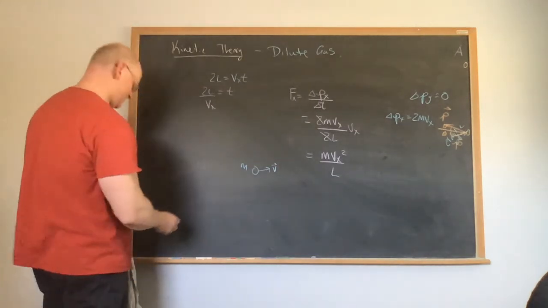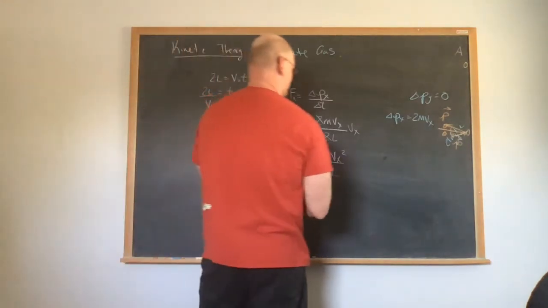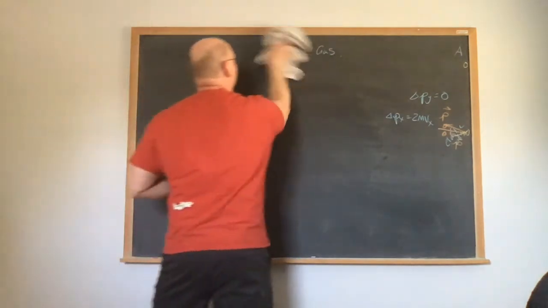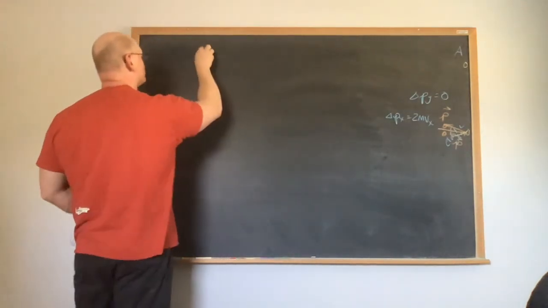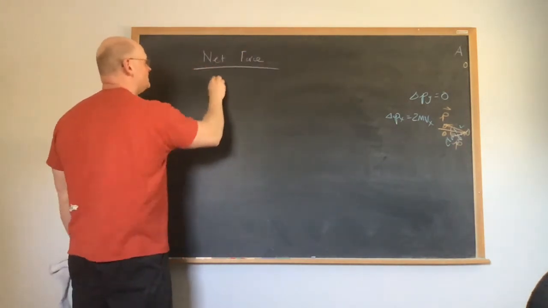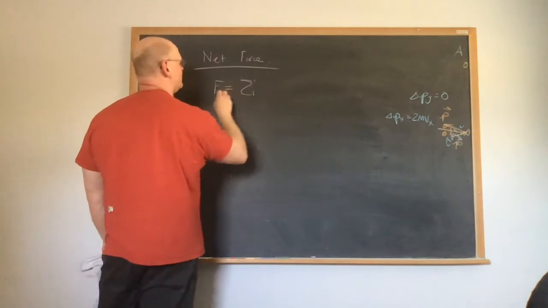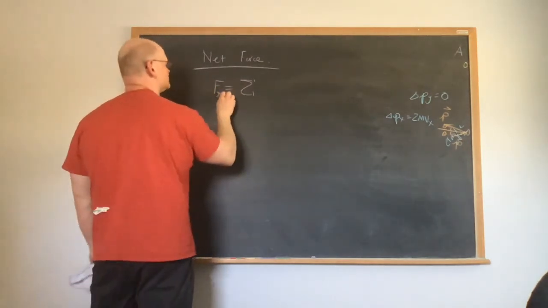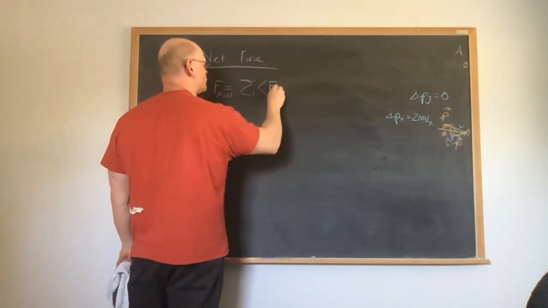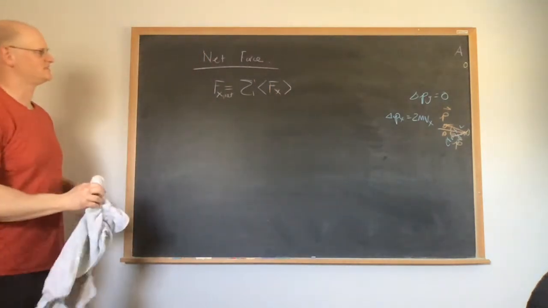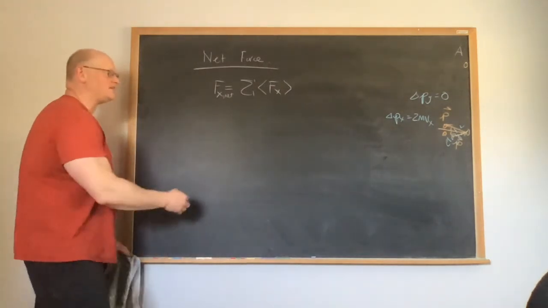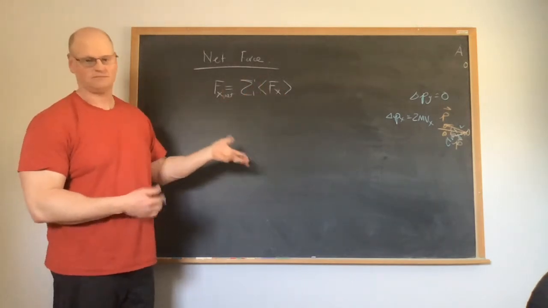So this means then that the net force on the wall, at least the net force in the x direction, so let's call this net, is then going to be equal to the sum of then the average force from all these individual forces. So we're going to average all this over all possible different velocities, because each one of these different particles could have a different velocity.